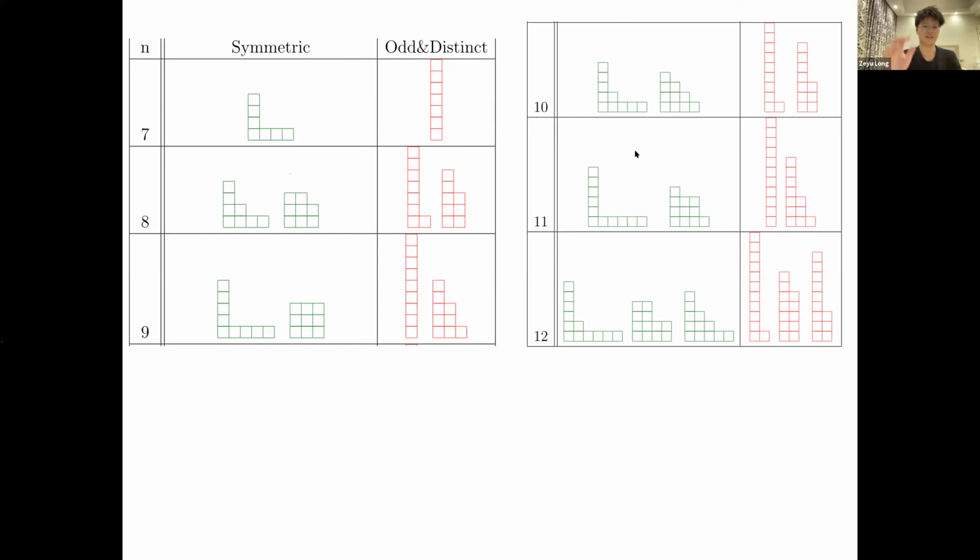Professor, I think that for odd and distinct, you can just take an odd column. I can draw it. For this column, there are 7 boxes.